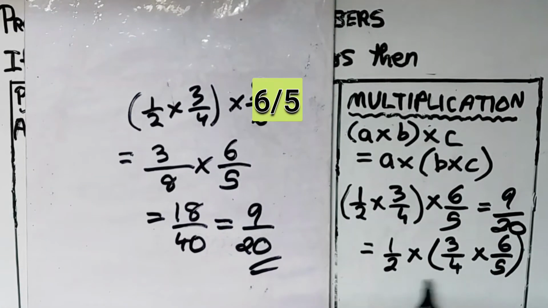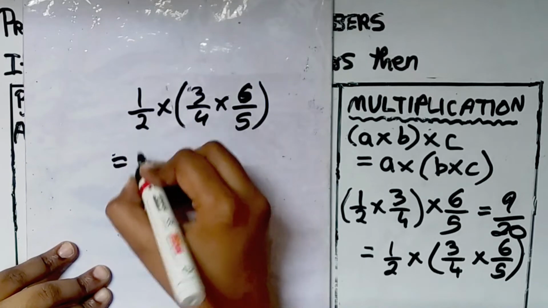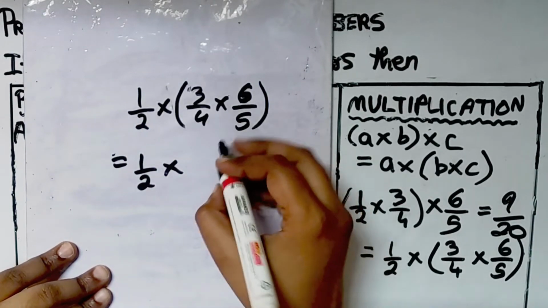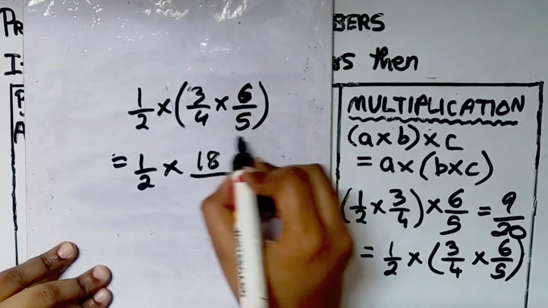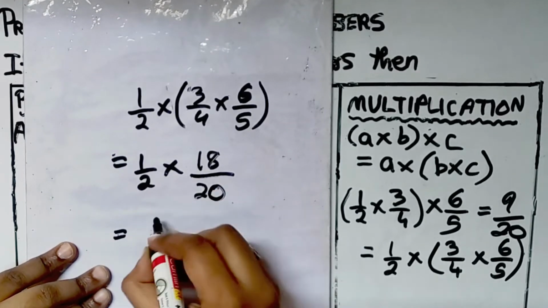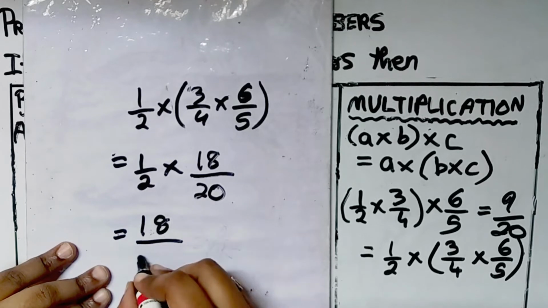Now we will solve the right hand side. This 1 upon 2 we will keep as it is. Into the bracket we will solve first: 3 6s are 18 upon 4 5s are 20. Now 18 ones are 18 upon 2 into 20 will be 40.